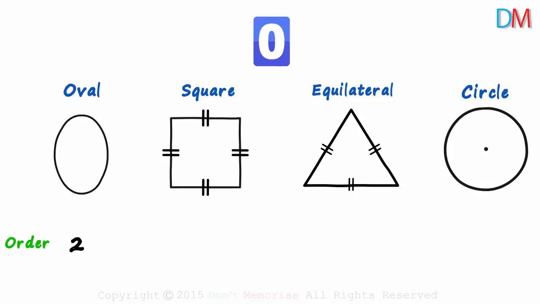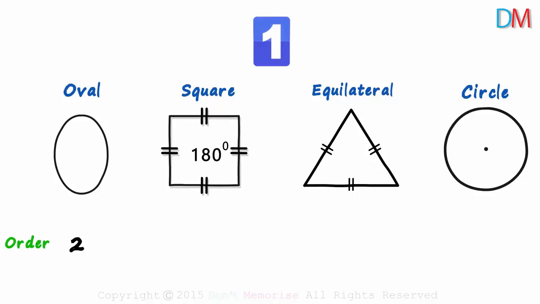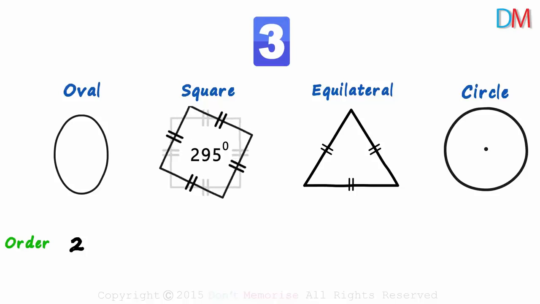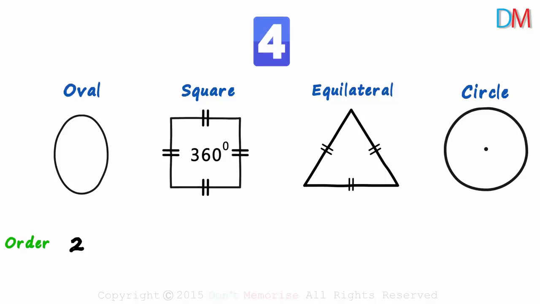In a similar way, why don't you try finding the order of rotational symmetry for these 3 shapes? Let's start rotating the square now about its center point. 90 degrees, 180 degrees, 270 degrees and 360 degrees.